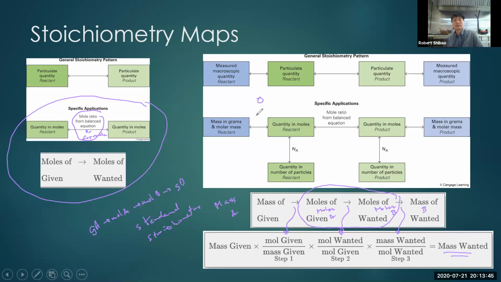We could have other branches too. We could do this at the particulate level, but most of the time we aren't working with single molecules, that kind of stuff. And so most of the time we'll do this. This is for particulate, this is for moles. So we'll do moles.